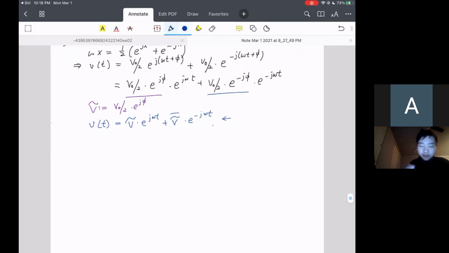Phasors have a number of properties. The first property of phasors is that it is unique.